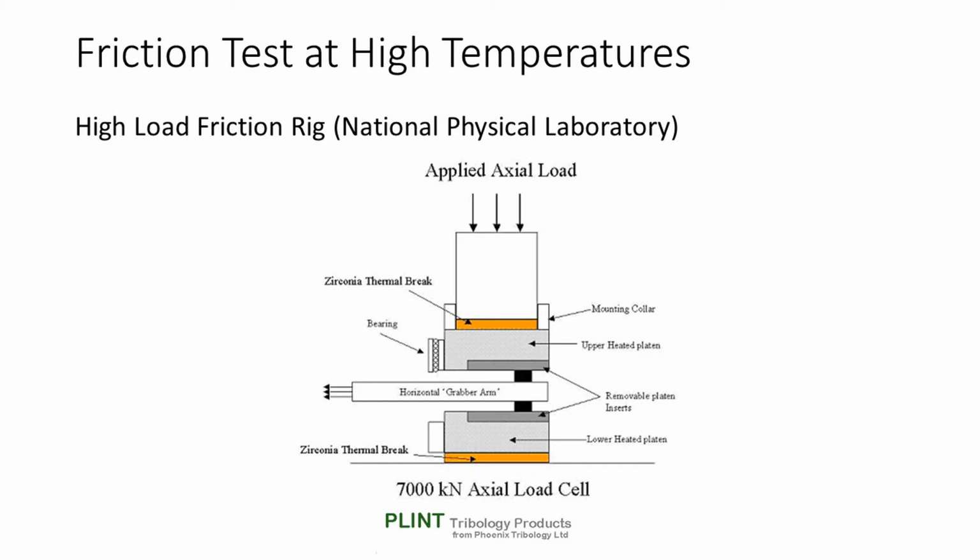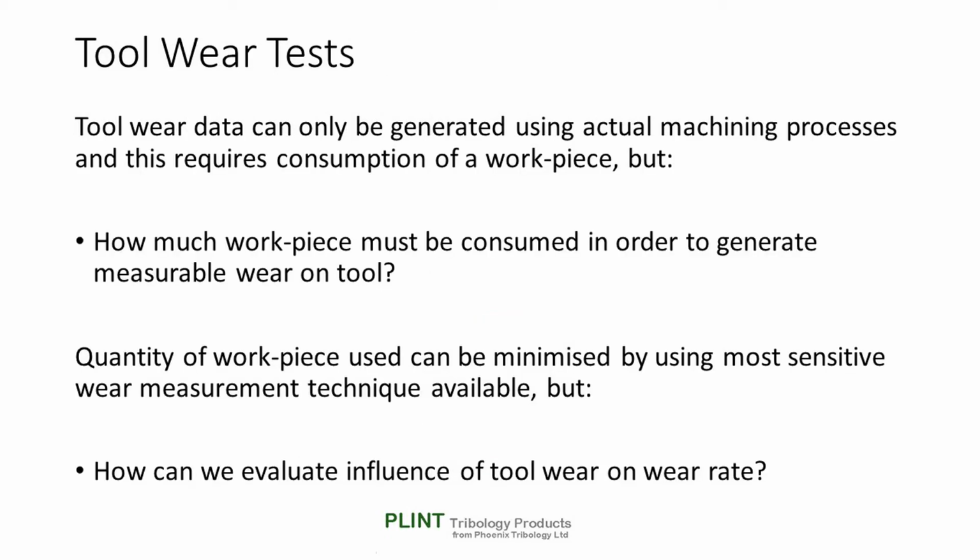Either 30mm or 50mm diameter cylindrical billets are preheated in a furnace to temperatures of up to 1000 C before subsequent transfer to the rig for testing. The platens may also be heated using cartridge heaters to 400 C. Removable platen inserts enable testing of different tooling materials.